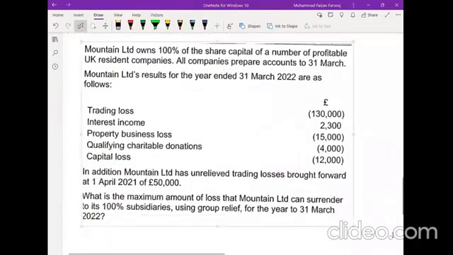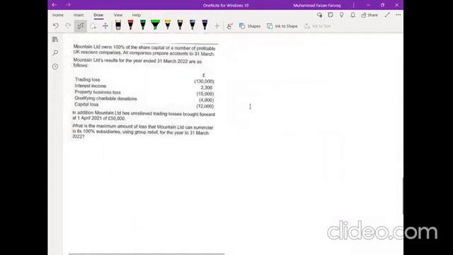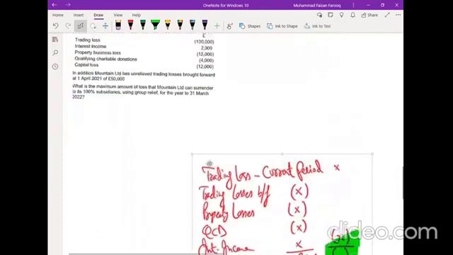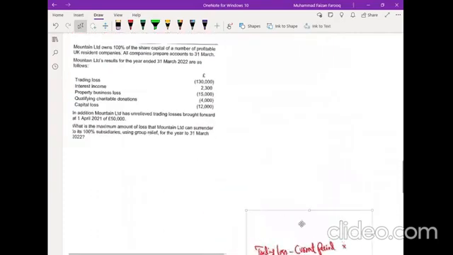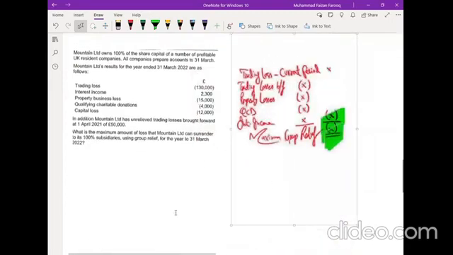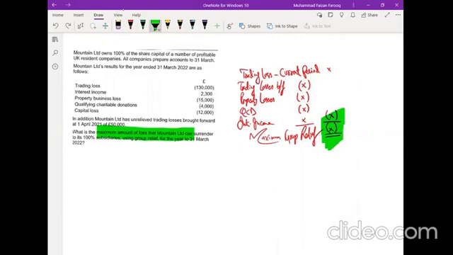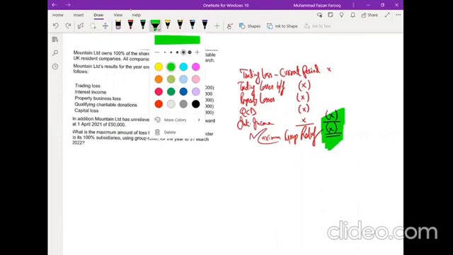The practice question is called Mountain Limited. I need you to read the question by yourself, please. Mountain Limited owns 100% of the share capital of a number of profitable UK resident companies. All companies prepare accounts to 31st March. Mountain Limited results for the year ended 31st March 2022 are as follows: trading loss, interest income, property business loss, qualifying charitable donations, capital loss.